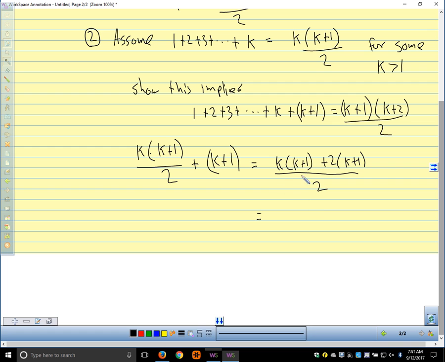And that equals, we're going to multiply this out, k squared. I get a k and a 2k here, plus 3k, plus 2. So I get the 2 here, all over 2. And do we see what happens here?